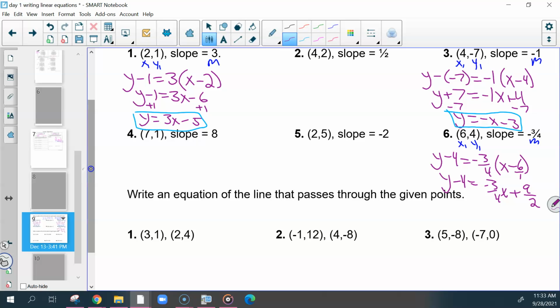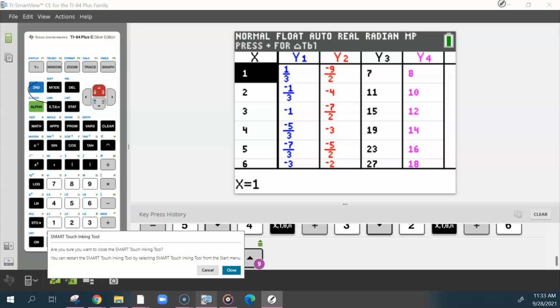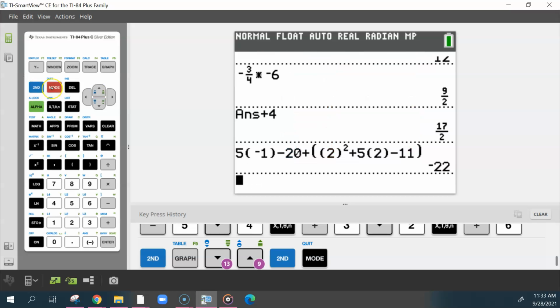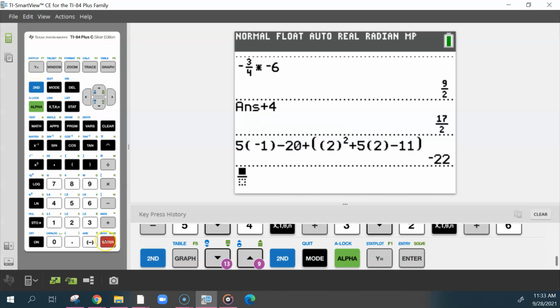If you're on your calculator, if you go into alpha y equals, you can put in fractions.